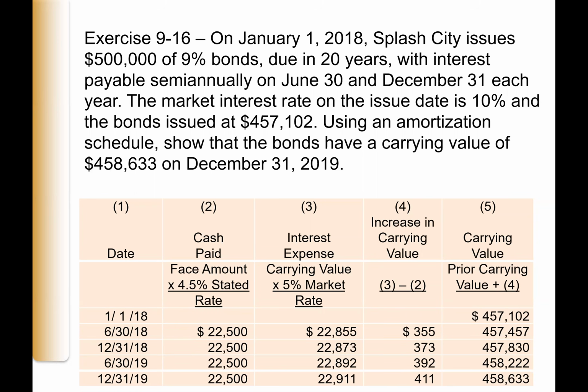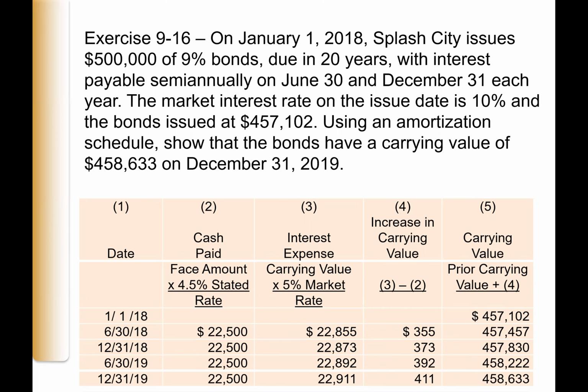Now, this one, it's just like I was doing earlier, creating an amortization schedule. It says here, Splash City issues $500,000 of 9% bonds due in 20 years with interest payable semi-annually on June 30th and December 31st.